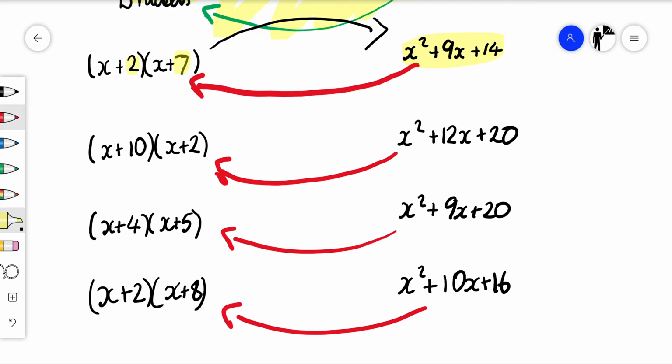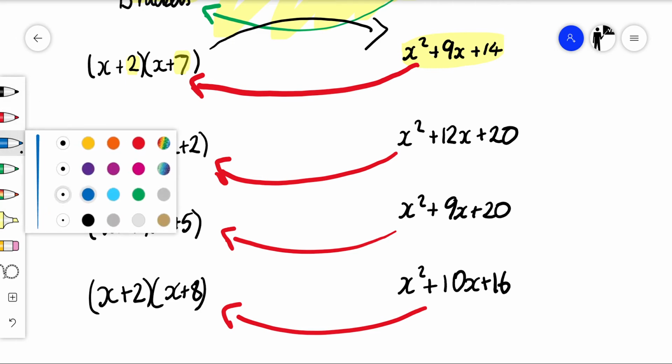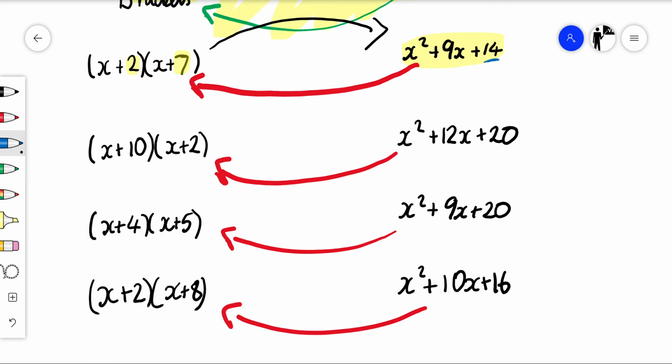Well, there is actually, because if we have a look here, 2 times 7 is 14, 2 plus 7 is 9. Okay, let's have a look at the next one. Let's have a look at the 10 and the 2. 10 times 2 is 20, 10 plus 2 is 12.